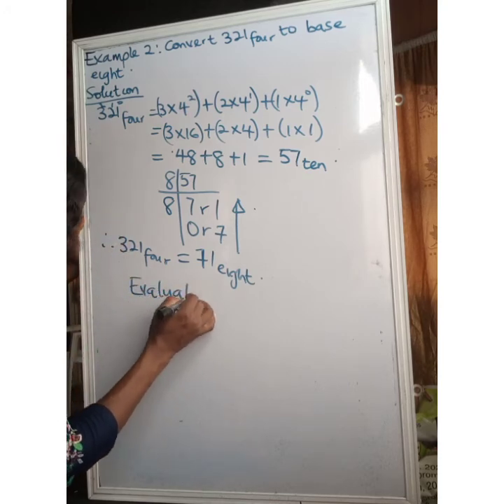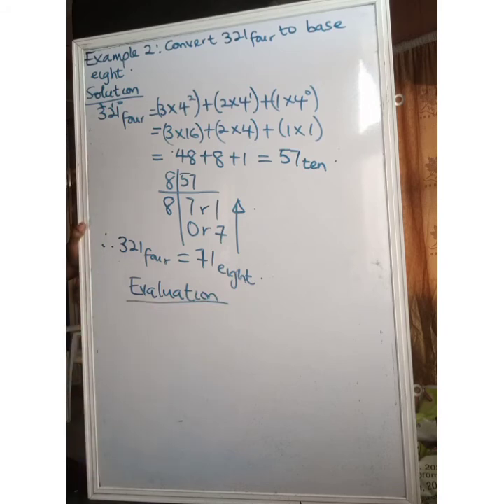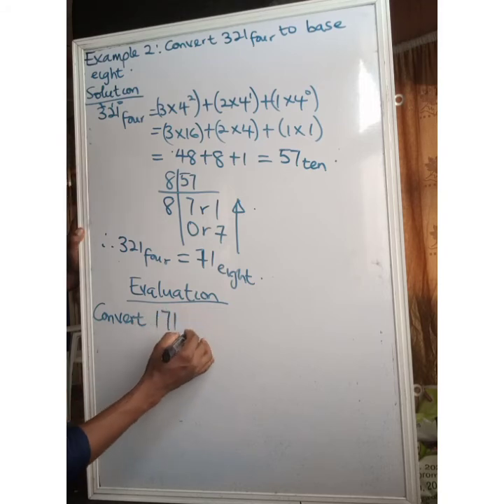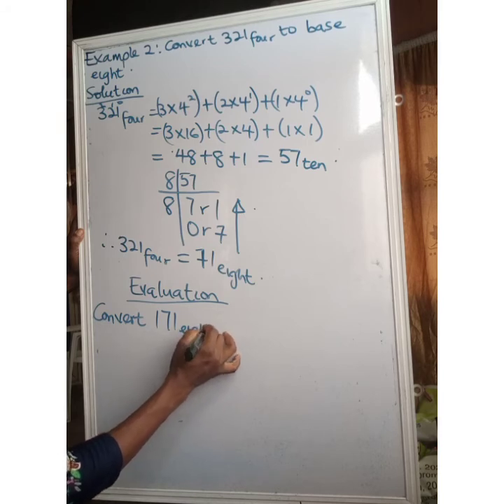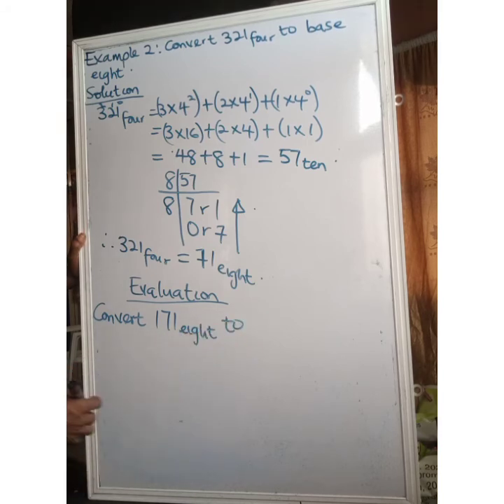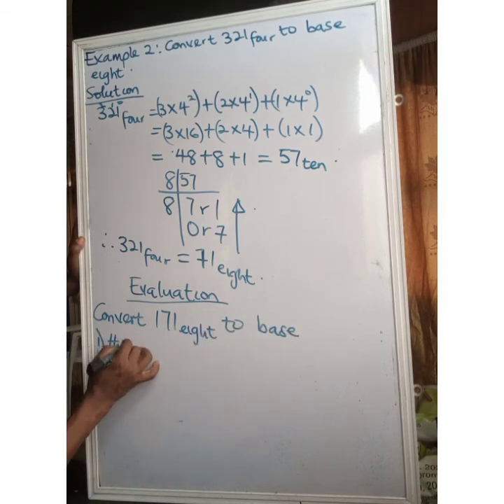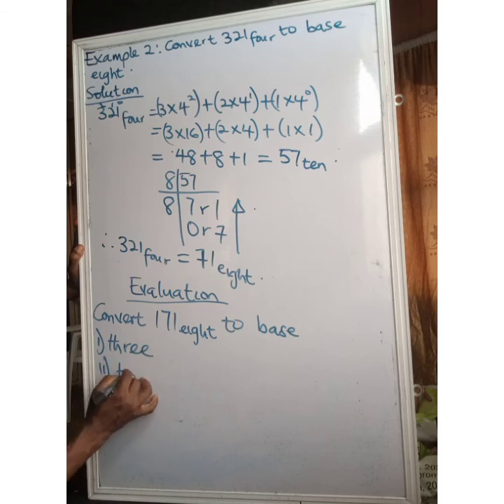Now you can try this on your own. Just use this to evaluate yourself. So convert 171 base 8 to base 3. Question 1: you convert it to base 3, then you convert it to base 2.